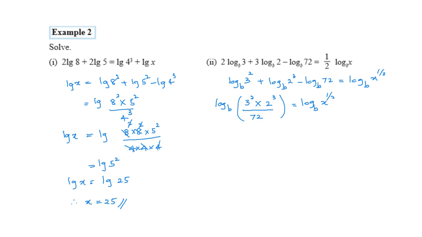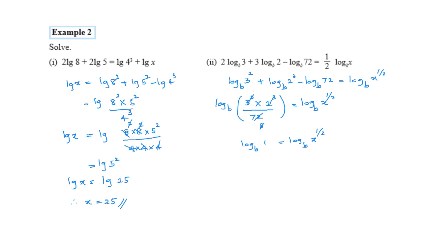So how do we simplify this one? Here we have 9 and 9 times 8, and the 8 and 8 cancel. Then you have log base b of 1 equal to log base b of x to the power half.